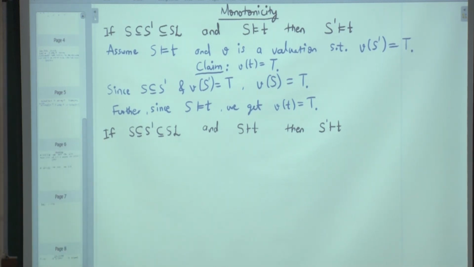Syntactic monotonicity is also simple. Tell me what's the idea here? Assume the proof is n lines. The first line will have to be LA or NLA. And any line which is LA or NLA, you can replace it directly.